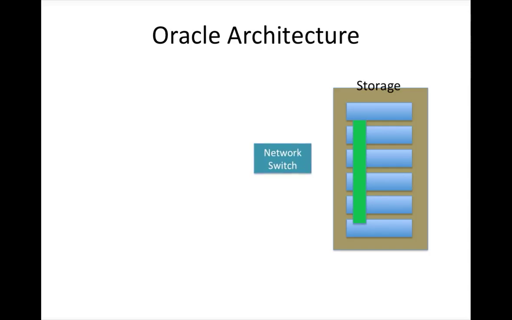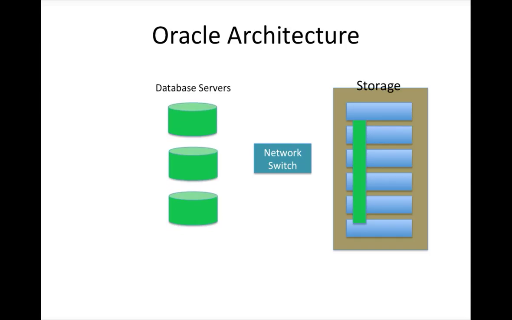So you will have a network switch that will be connected to the storage server, and then database servers will be connected along with the storage cluster using this network switch, and this vertical green rectangle will be mounted on all the database servers on which our tables and others will be created, and we will get into those details in a moment.